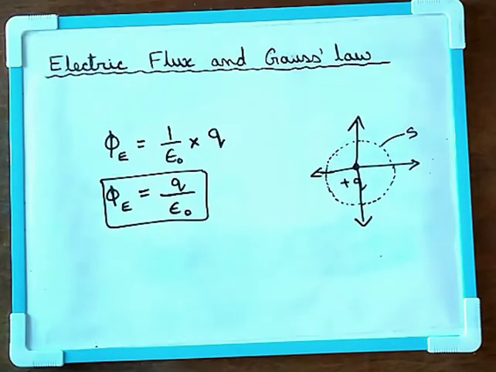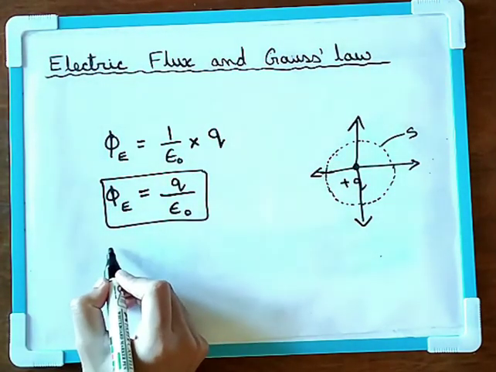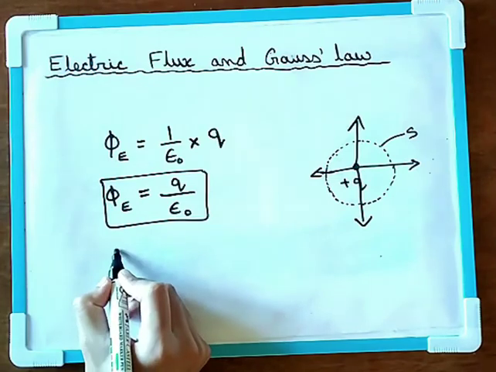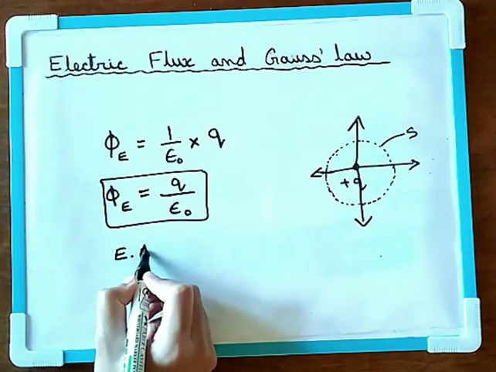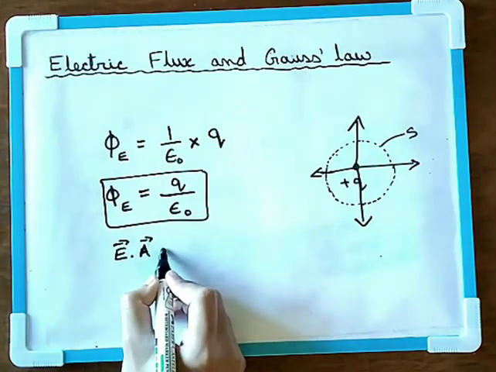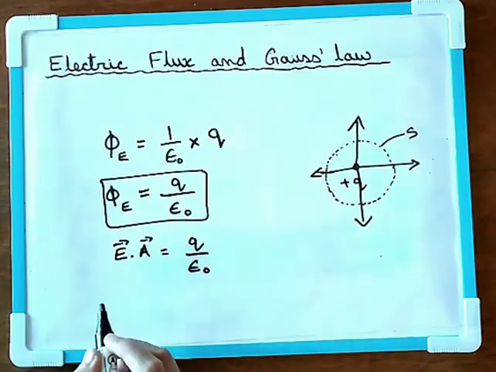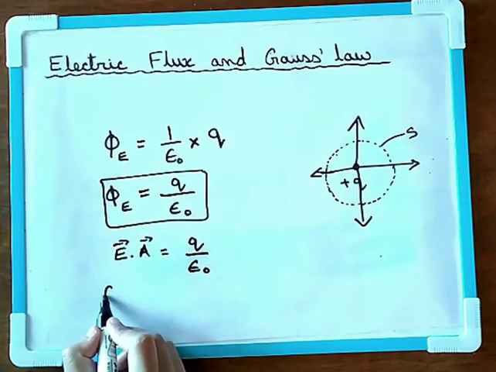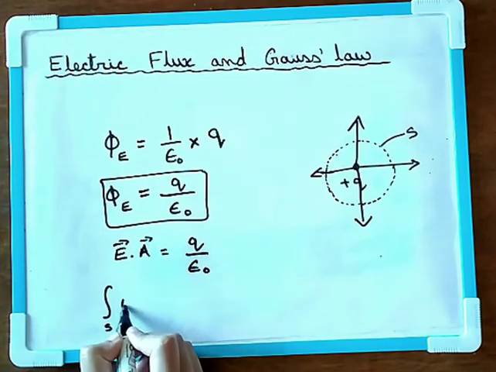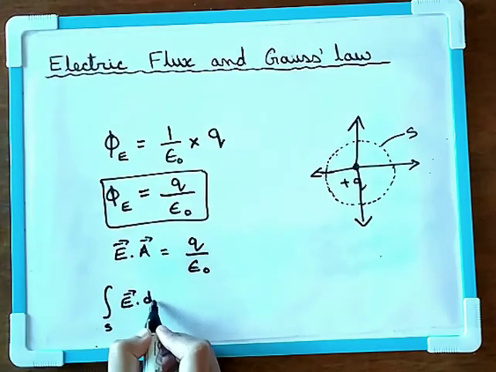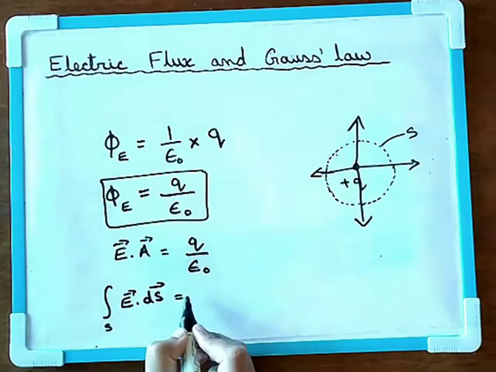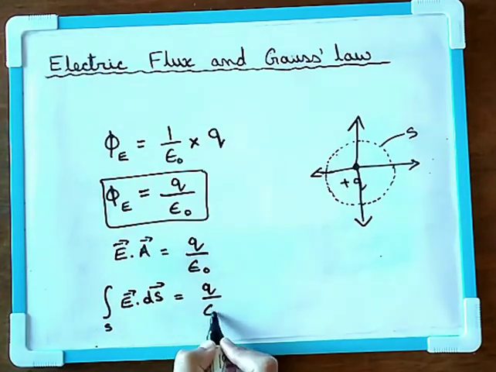Electric flux through a closed surface, and this phi E by definition is equal to E dot A. So E dot A is equal to Q by epsilon naught. Another expression is the integration over the surface of E dot dS, which is equal to Q by epsilon naught.